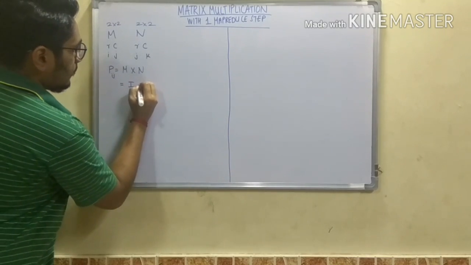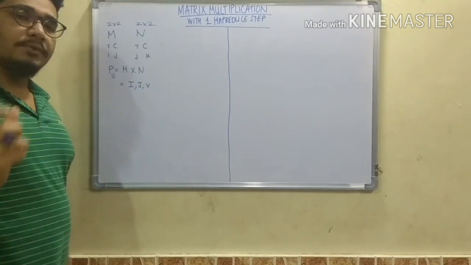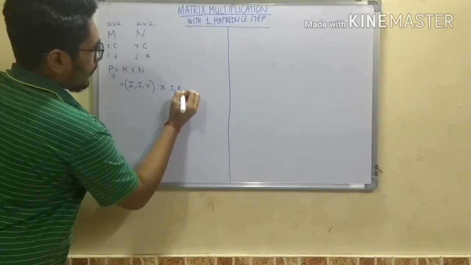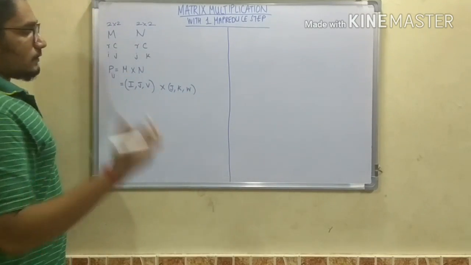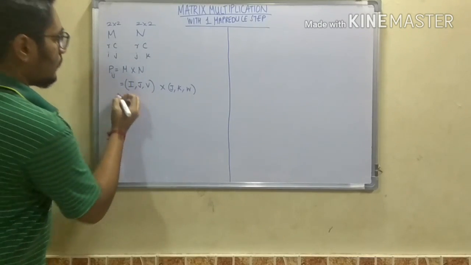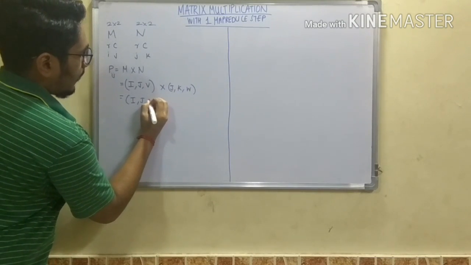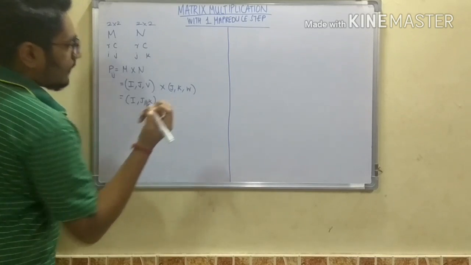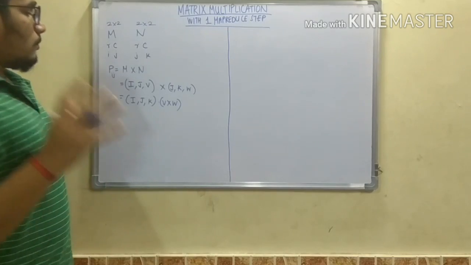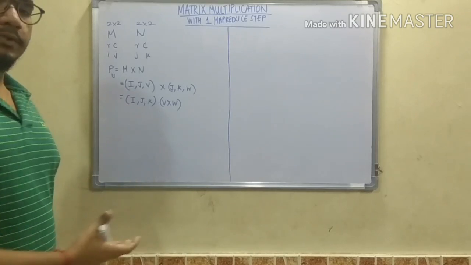So we have I, J and, for example, V, a value for the matrix M, multiplied by J, K and W. When we multiply these two triplets, we get I, K multiplied by their values, that is V into W. So this is the basic multiplication of a 2 by 2 matrix.